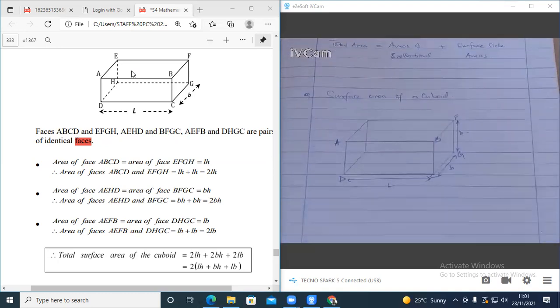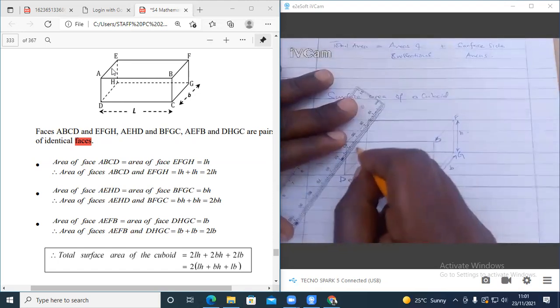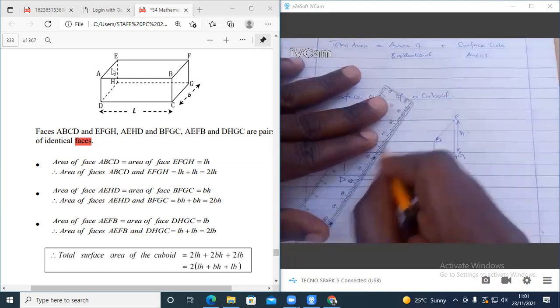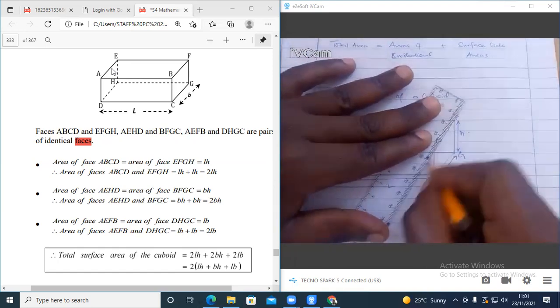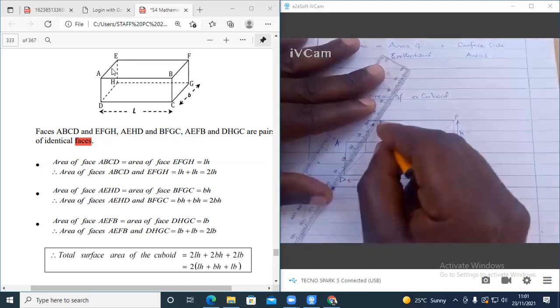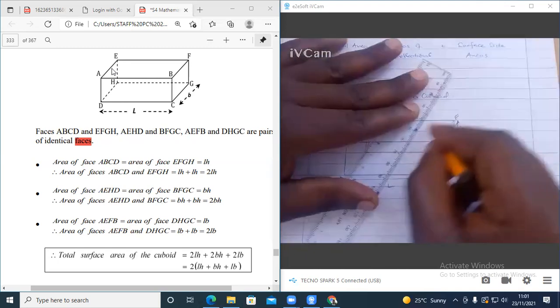Okay. So if we want to find the area of the face ABCD, that area is equal to the area of the face that is inside. If I shade this face here, its area is identical to the area of the one which is inside there.